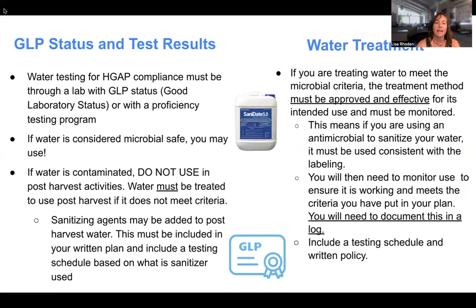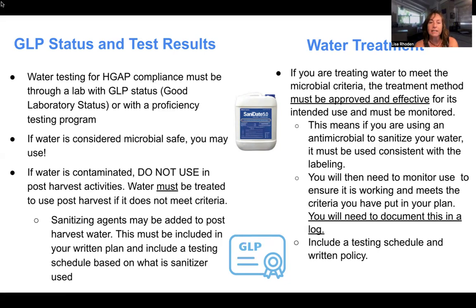All right, so next thing we're going to talk about is when you get your water tested, how do you do that? So when we look at what the harmonized GAP standard requires, it is very specific. And this is one area where the USDA harmonized GAP standard is more robust than what the FSMA PSR requirements are.